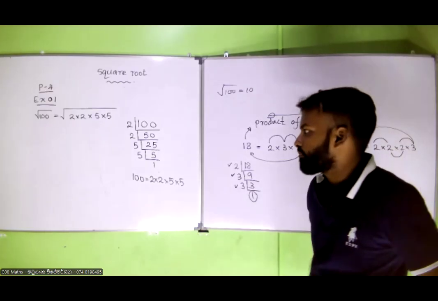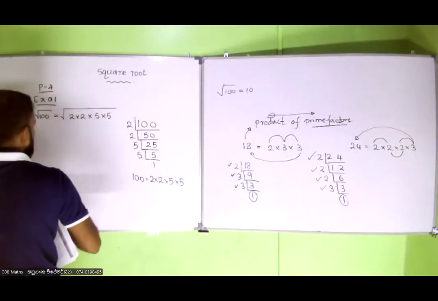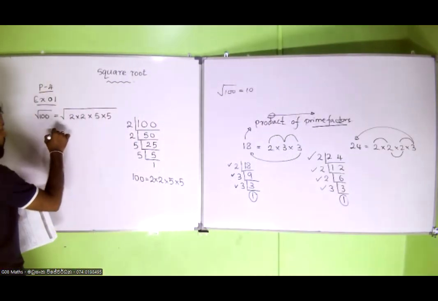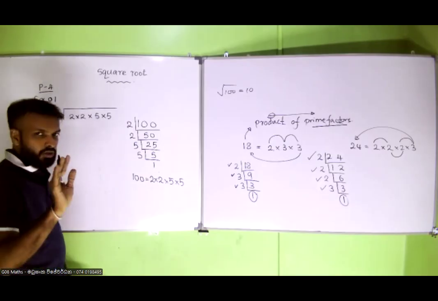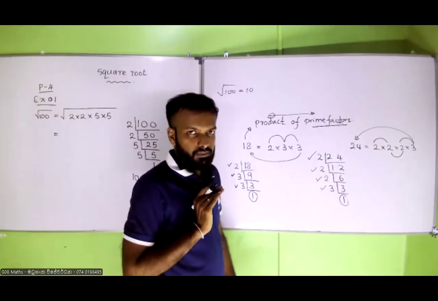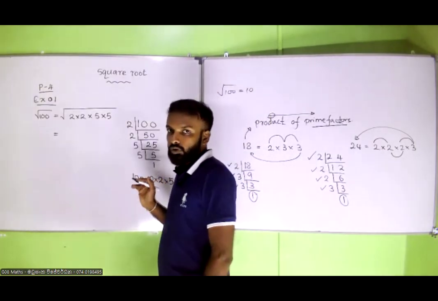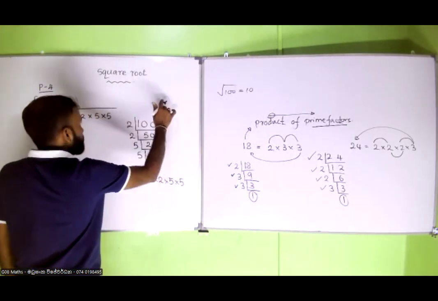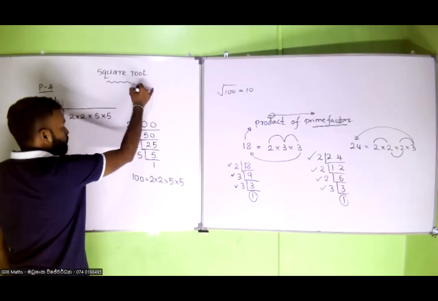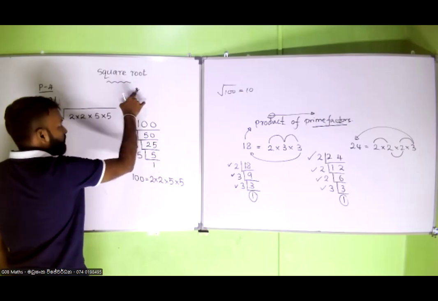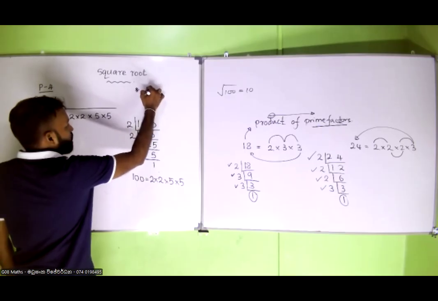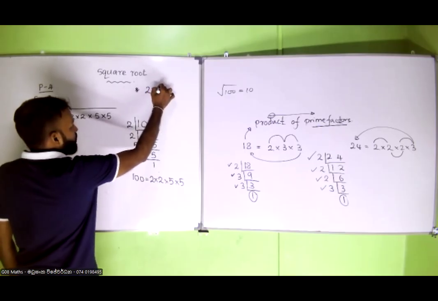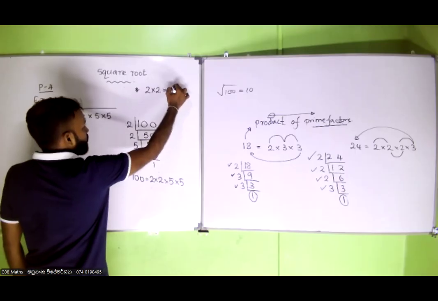Okay, so now we can write like this. There are a few ways that you can use. This is important. If you want, you can write 2 multiplied by 2 as 2 to the power 2.